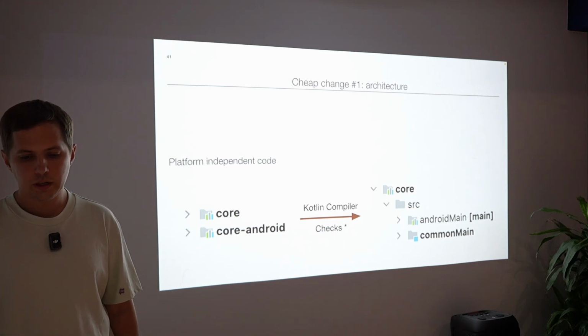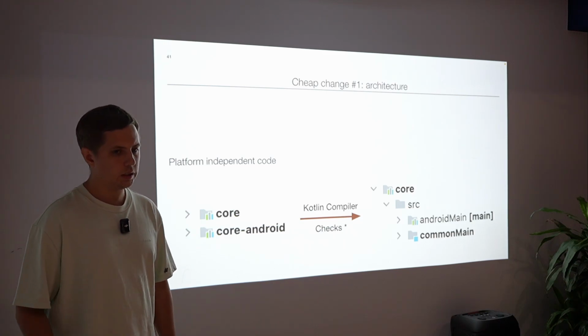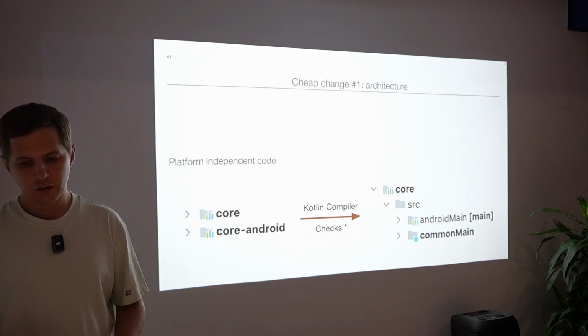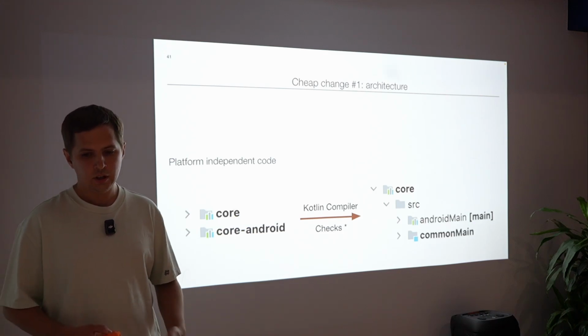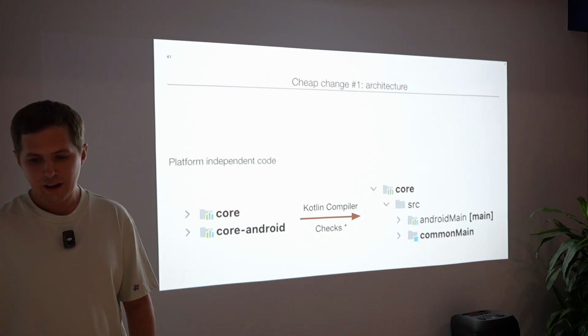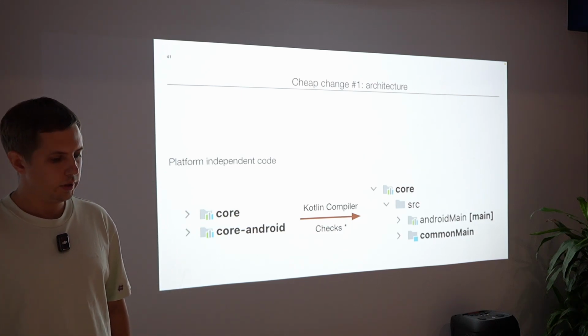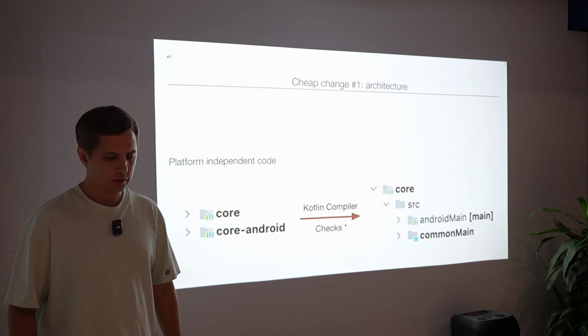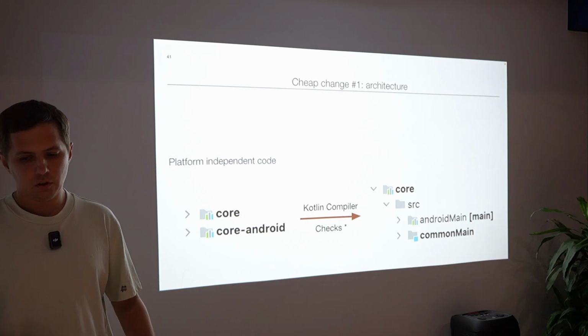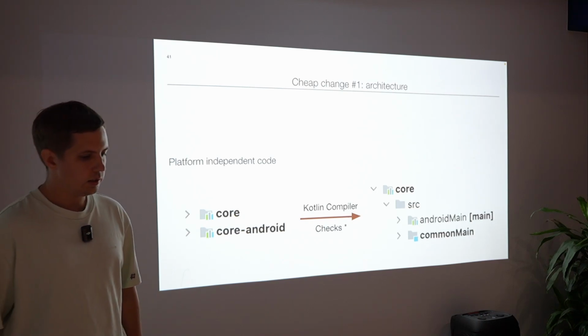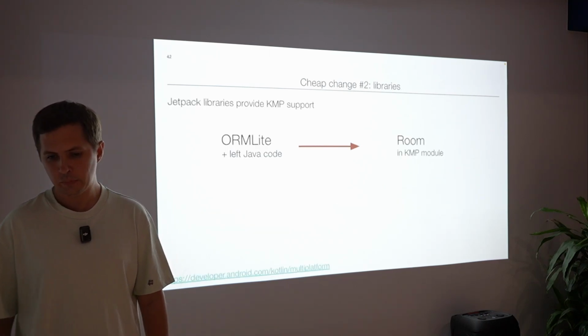And when I was migrating to it, I noticed that in real life, core was not really platform independent, and core Android had some code that could be moved to the platform-independent part. And here, the Kotlin compiler now allows us to check it at compile time.